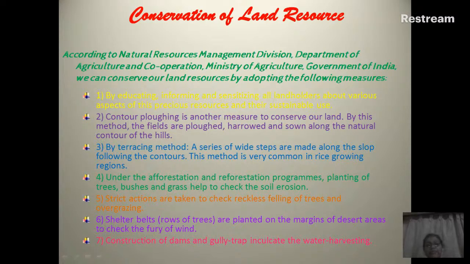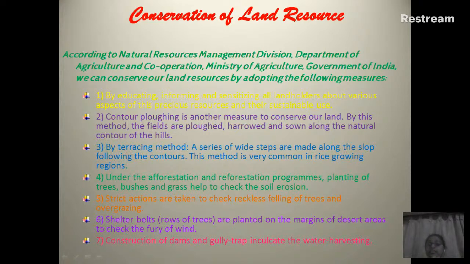I will explain, but first let me read it out for you all. Then contour plowing is another measure to conserve our land. By this method, the fields are plowed, harrowed and sown along the natural contour of the hills.